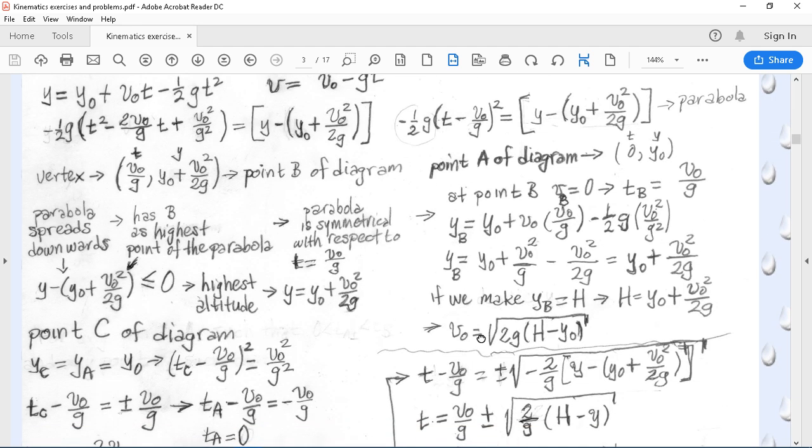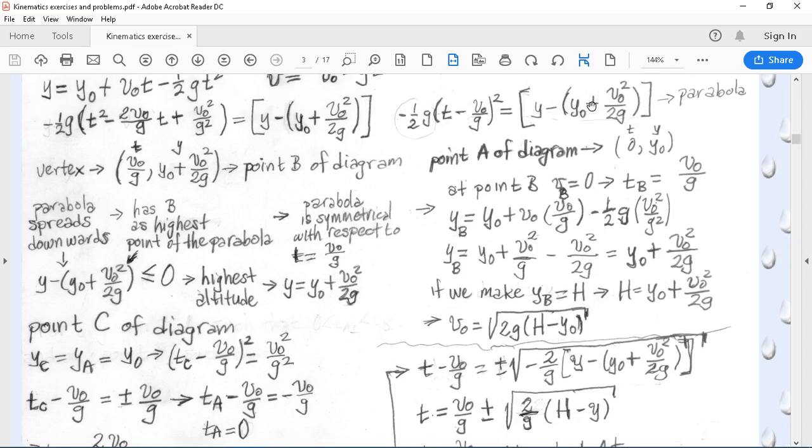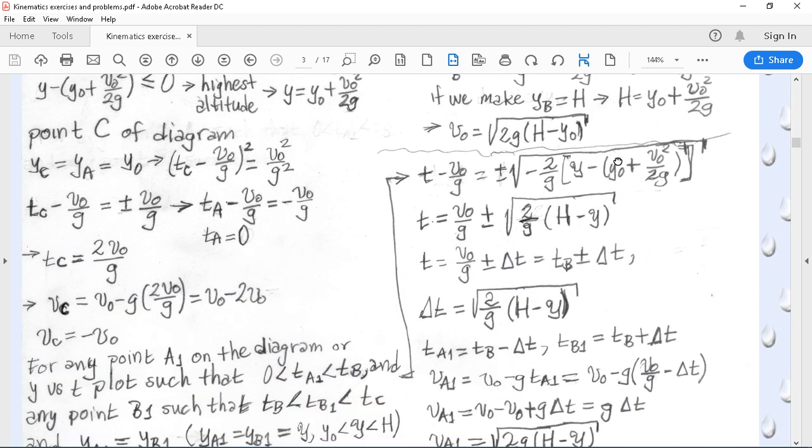So we have, passing all this over to the side, taking square roots on both sides, remembering that Y0 plus V0 squared over 2G is H. We have that T equals V0 over G plus minus the square root of 2 over G times H minus Y curled.